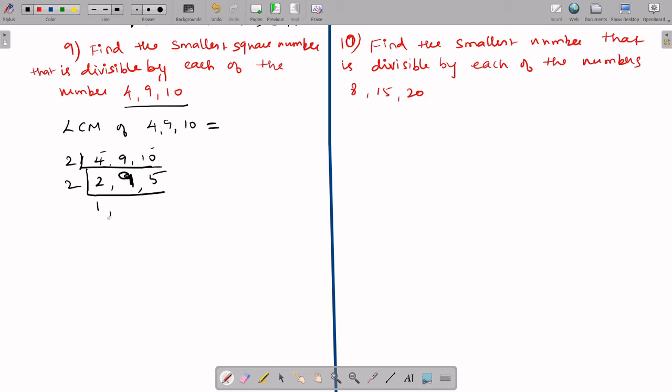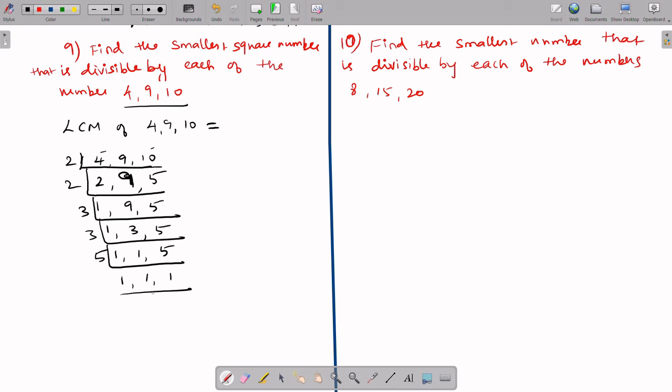This does not go with 2, so you retain it as it is. And this number goes with 3. So 3 3s are 9, and 5 you retain as it is. Again you use 3, 1 3s are 3, and 5 retained as it is. This is our L division, isn't it? So for 5 you use 5, and 1 5s are 5. Until 1 you have to do this simplification.